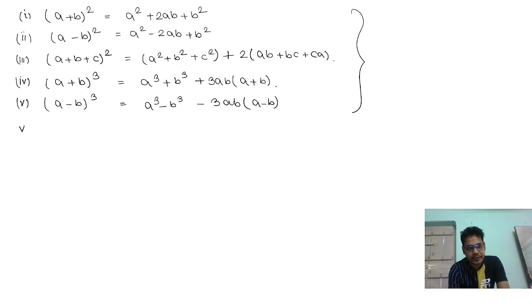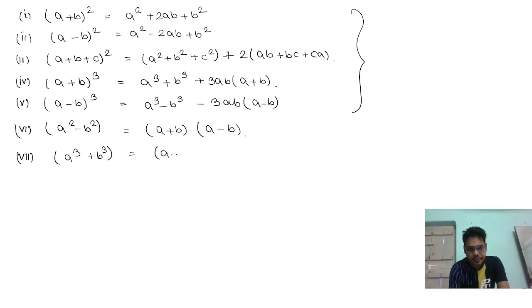Now there are a few more formulas. a square minus b square means a plus b multiplied by a minus b. And the seventh formula, also most important, is a cube plus b cube. A cube plus b cube is a plus b multiplied by a square minus ab plus b square.